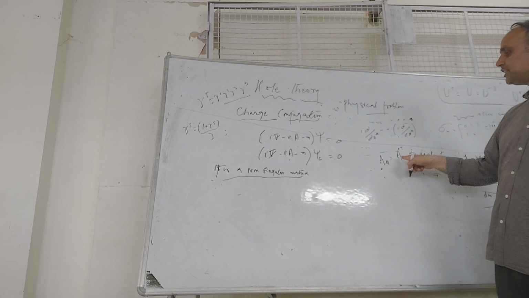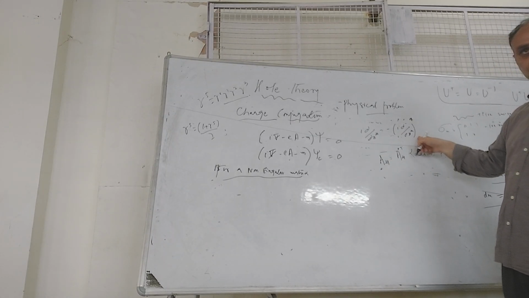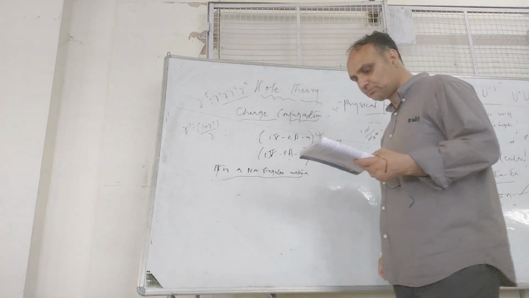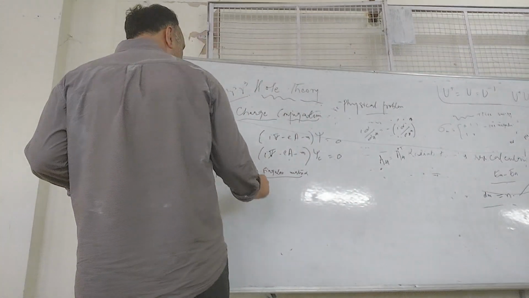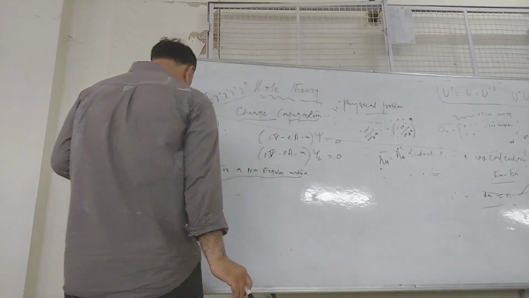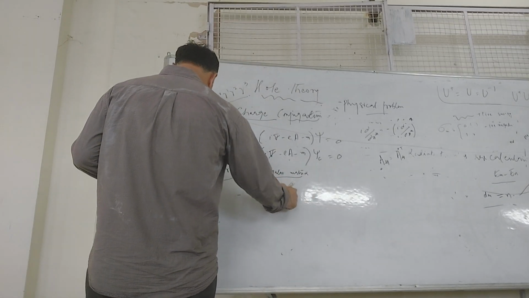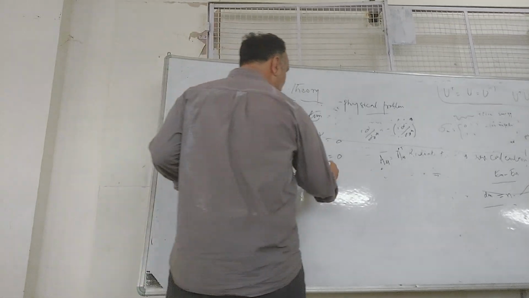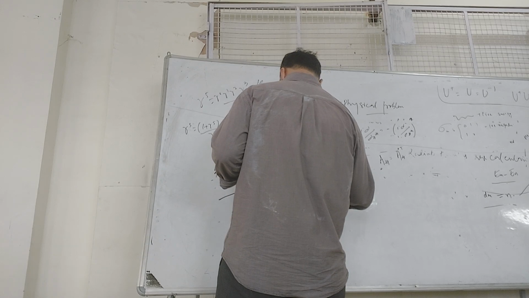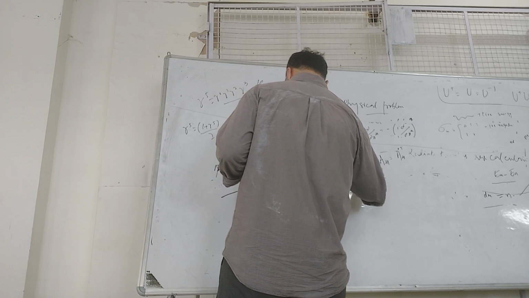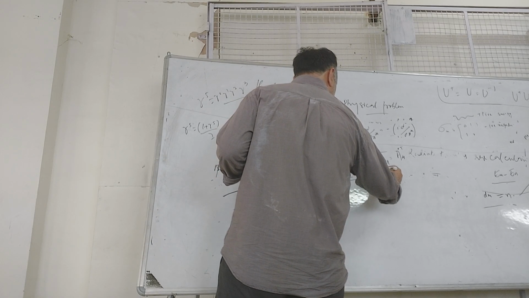So how can we relate this with this? If you want to relate this, you can assume a non-singular matrix which is denoted as C gamma 0, with the algebra.